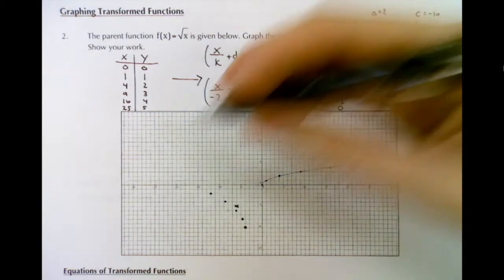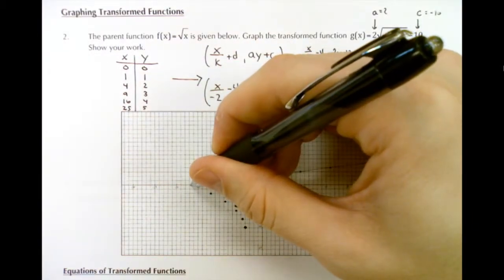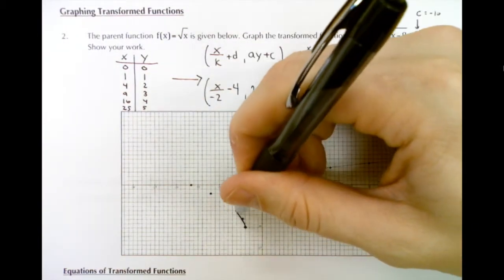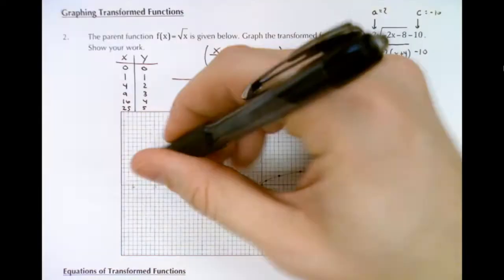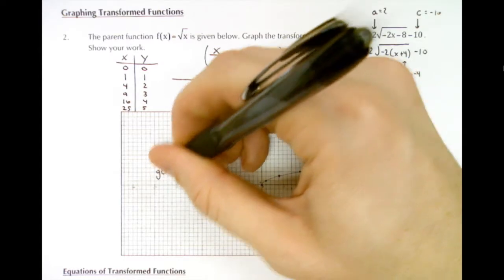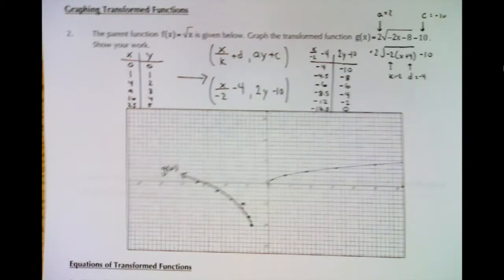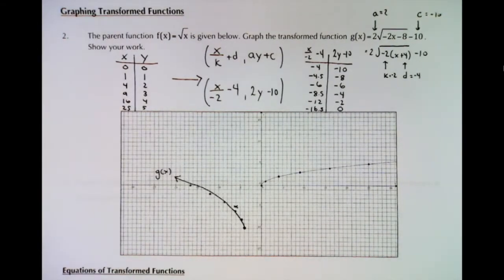And negative 16 1/2 and 0 would be there. And if we connect and extend, we get our transformed absolute value graph, g of x. We're going to do definitely some more practice with that in class, but that's using mapping notation to transform a parent function.